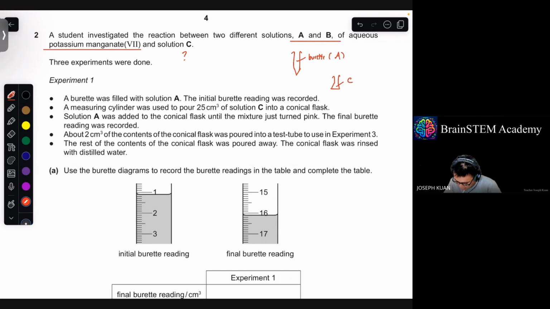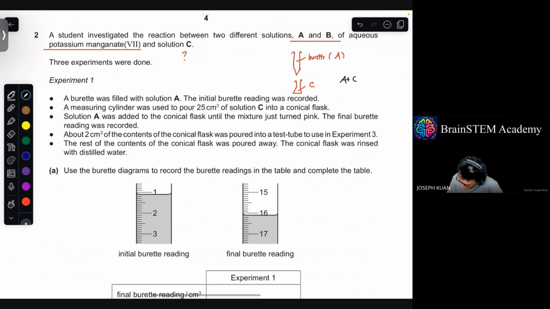Solution A was added to the conical flask until the mixture just turned pink. So you are adding A and C together. The final burette reading was recorded. About 2 cm³ of the contents of the conical flask was poured into a test tube to use in experiment 3.